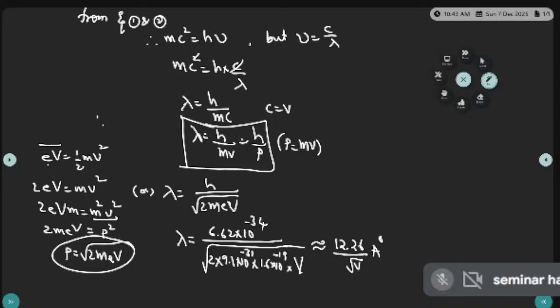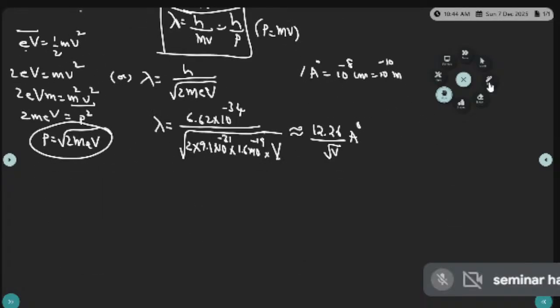What is 1 angstrom? 1 angstrom is 10 power minus 10 meters. So lambda is equal to 12.26 by root V angstrom.